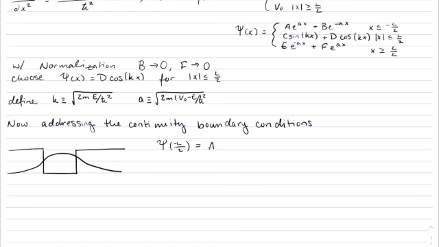I chose at minus L over 2. So we have a e to the a minus L over 2 is equal to d cosine of minus k L over 2. This will then become a e to the minus aL over 2 is equal to d cosine of kL over 2.